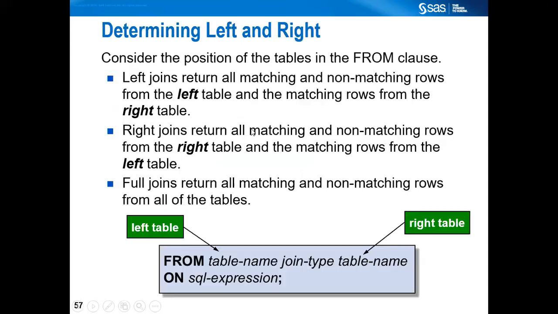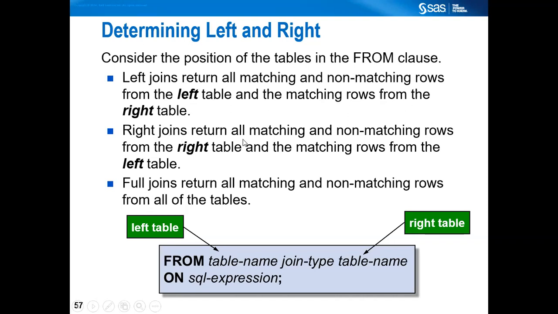Same goes if you're looking for right join, it will accordingly change your row settings. So which table is the left table? The table which you specify first, immediately after the FROM clause, is your left table, and your second table acts as your right table. So consider the position of tables in your FROM clause. Left joins return all matching and non-matching rows from the left table and the matching rows from the right table.